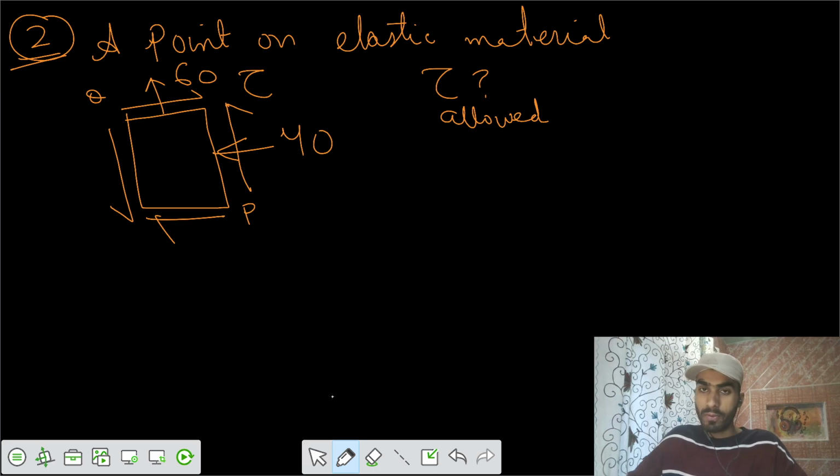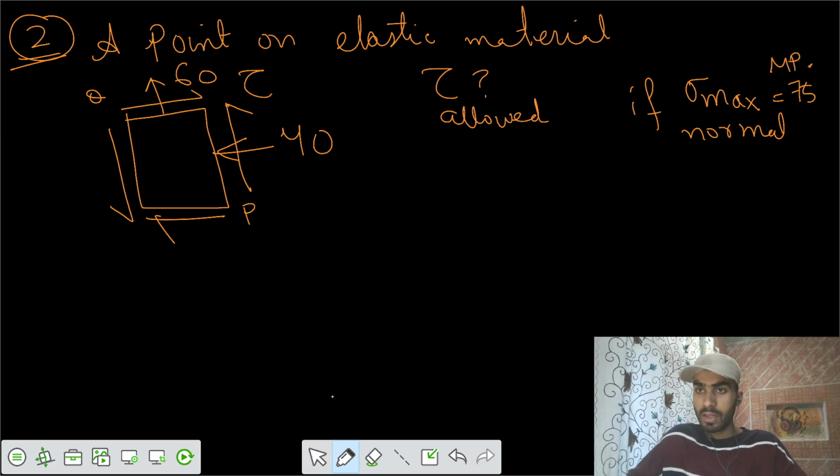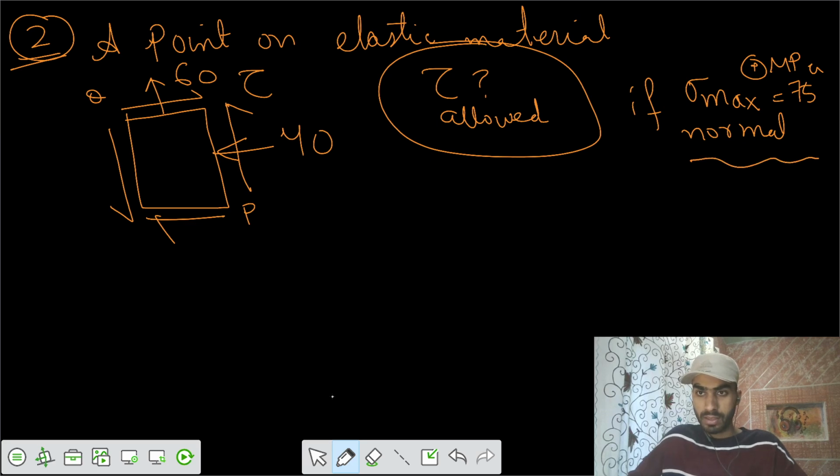So if the maximum normal stress allowed is 75 megapascal tensile, you have to get the value of tau on which sigma max is 75 megapascal.